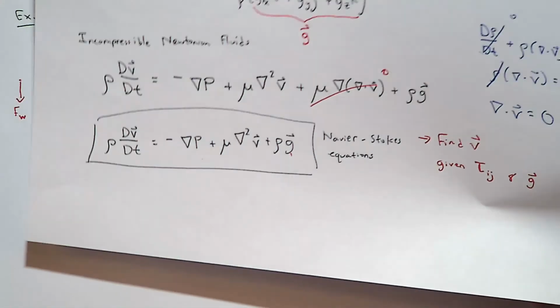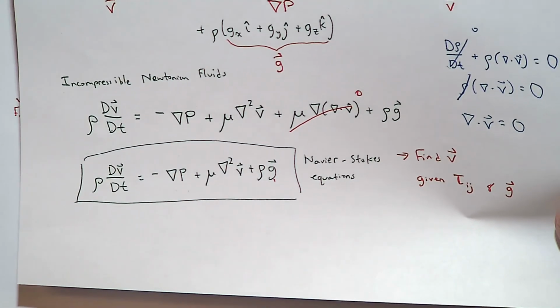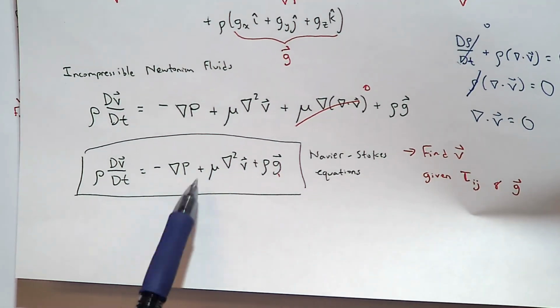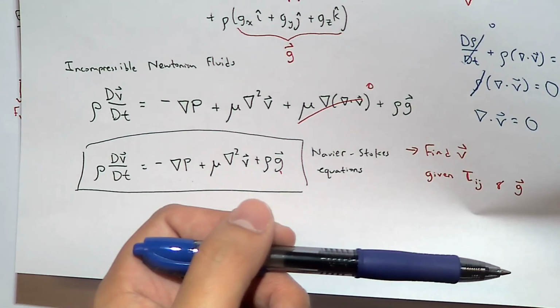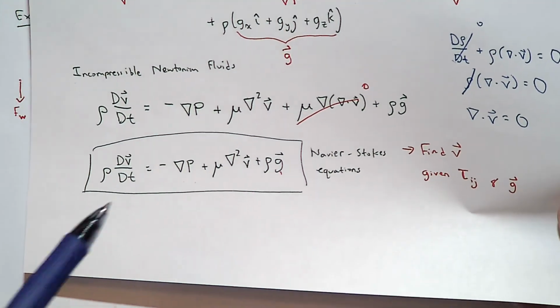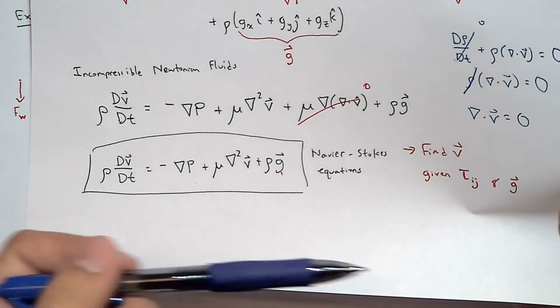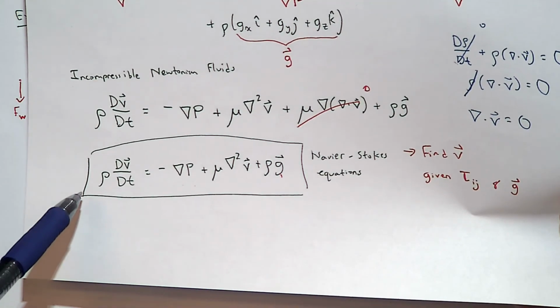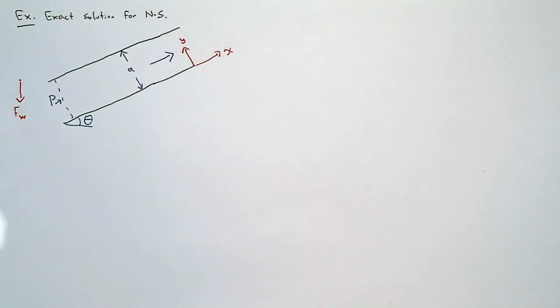And even if we didn't, we can see it here with the Navier-Stokes equations because we have negative gradient P. That means that if our pressure decreases in one direction, flow moves in that direction. That's what this negative term means. So flow always travels from the point of highest pressure to the point of lowest pressure.